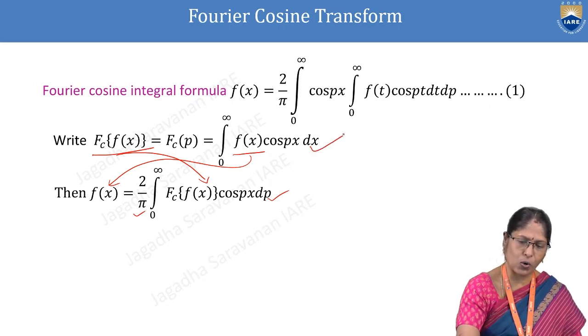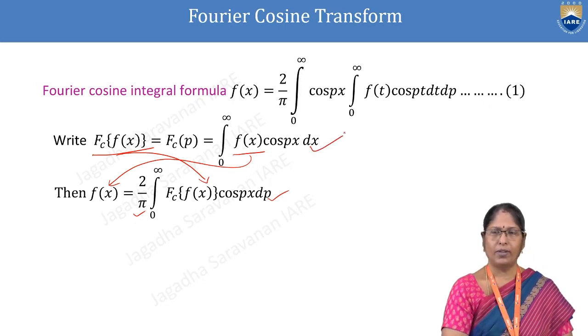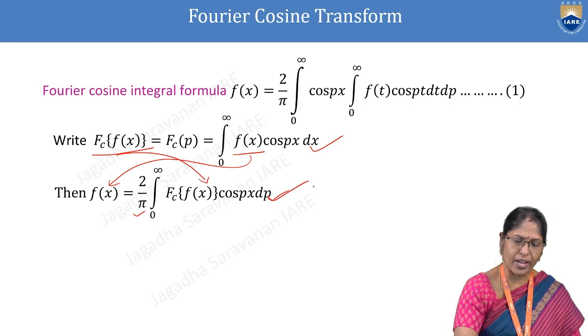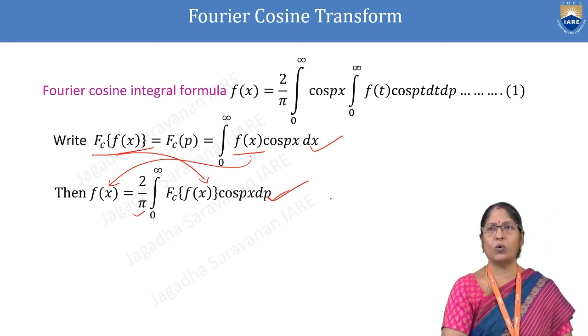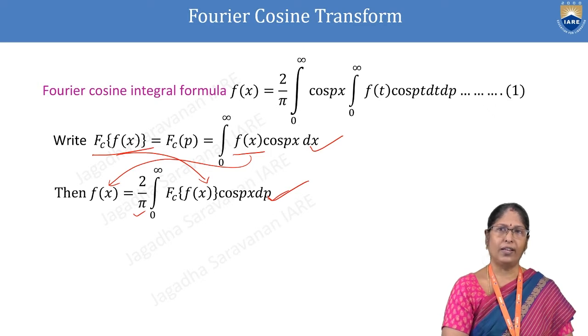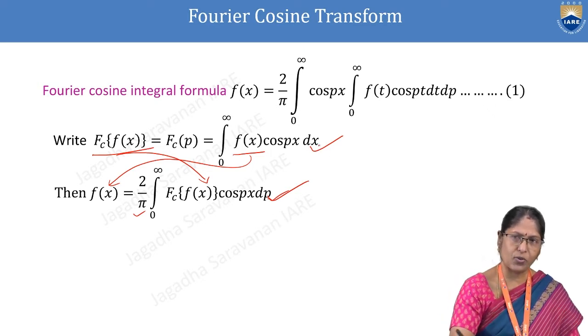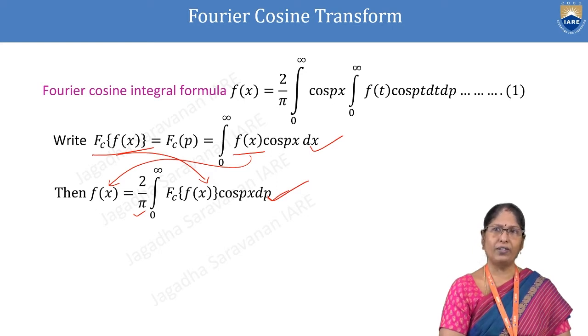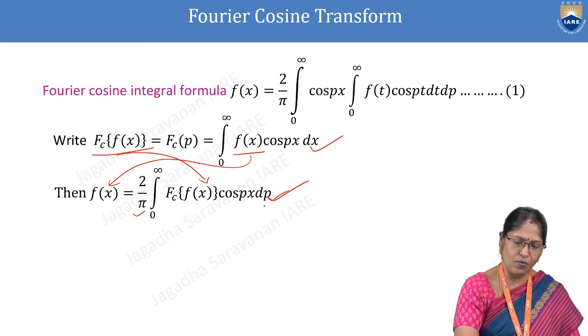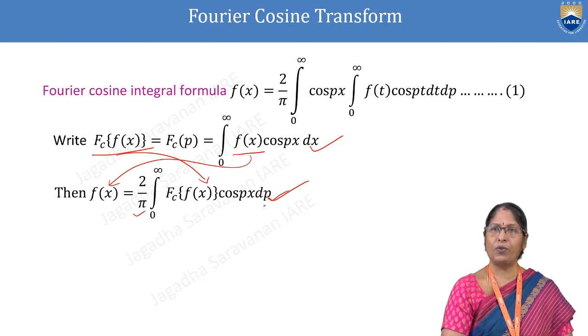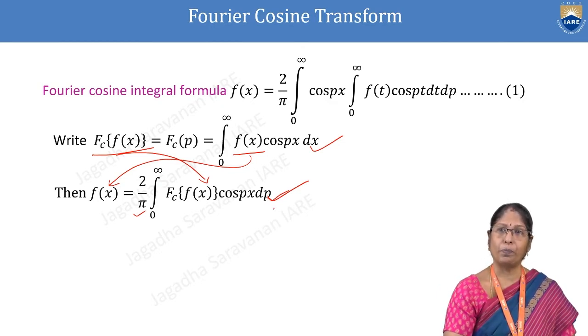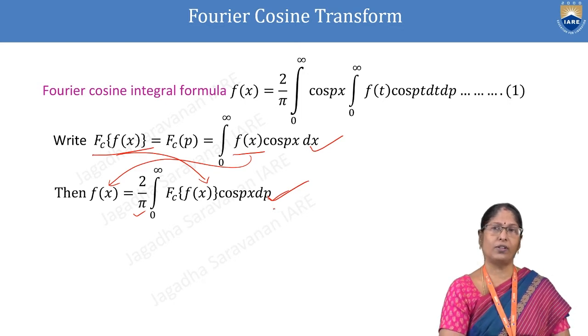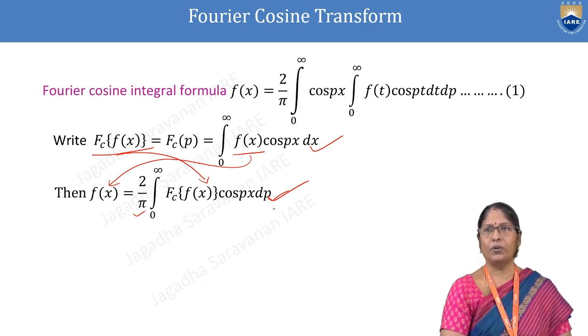This is the inverse Fourier cosine transform. The difference is that the Fourier cosine transform integrates with respect to x, whereas the inverse Fourier cosine transform integrates with respect to p. This difference is important to remember.